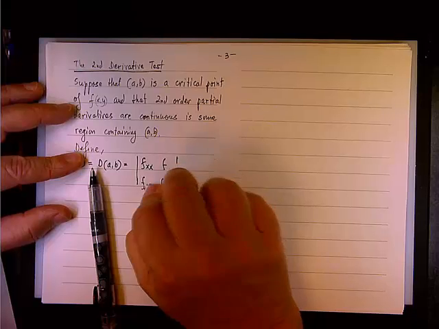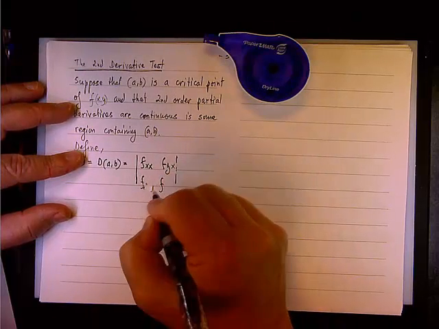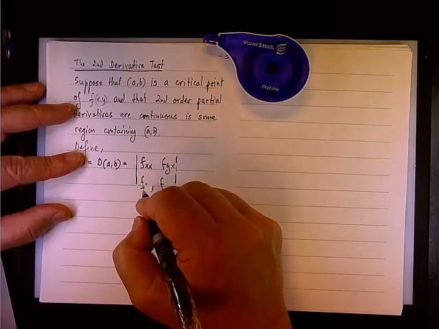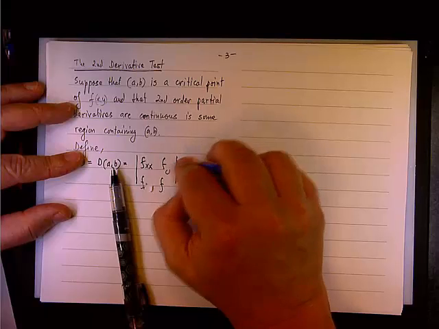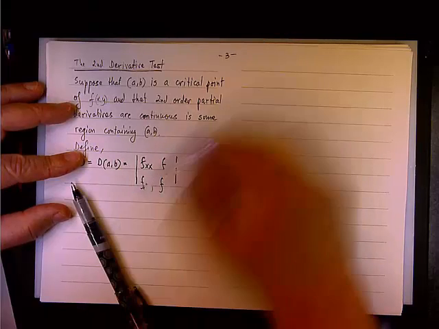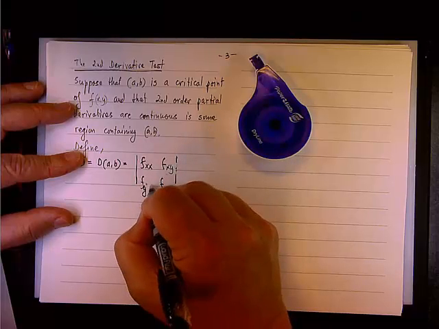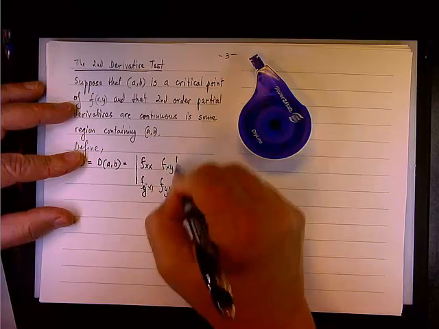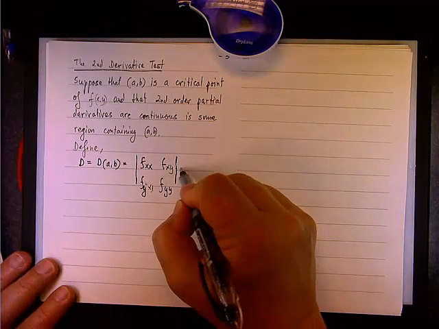If this is the row and this is the column, so it will be f yx here. I did it right in the first place. It makes no difference, because in our case f of xy and f of yx are all the same.